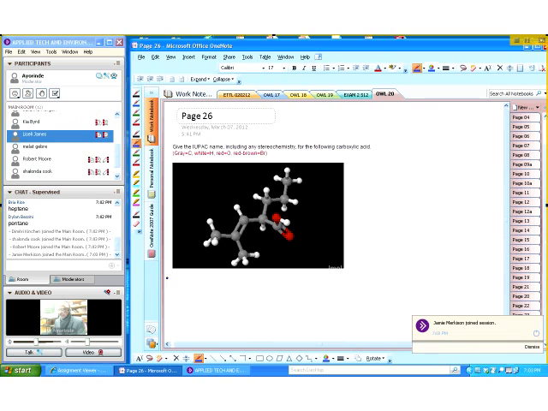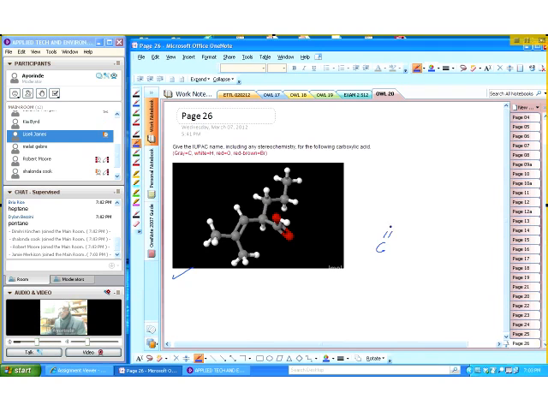This is the problem that we have right here. So what I want to do, let me draw the two-dimensional structure before we start giving the IUPAC name. So we start with the carbon-carbon double bond. And there is a methyl here. Another methyl here.